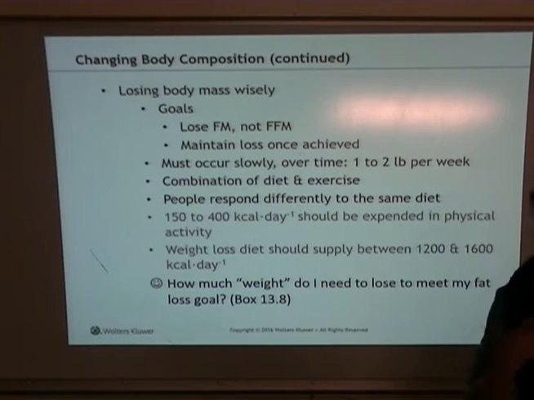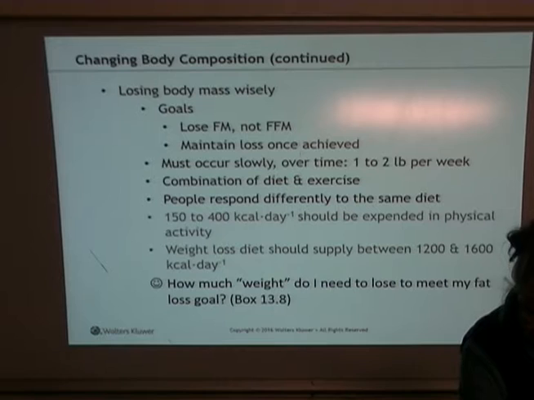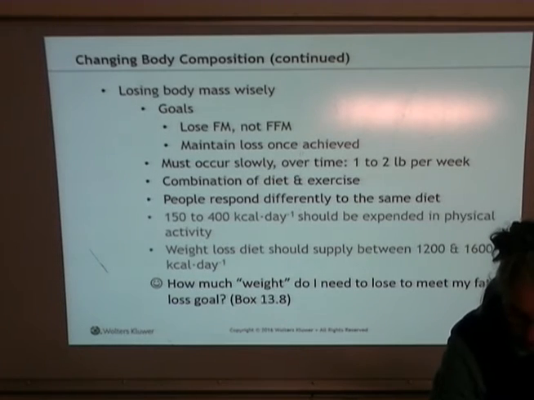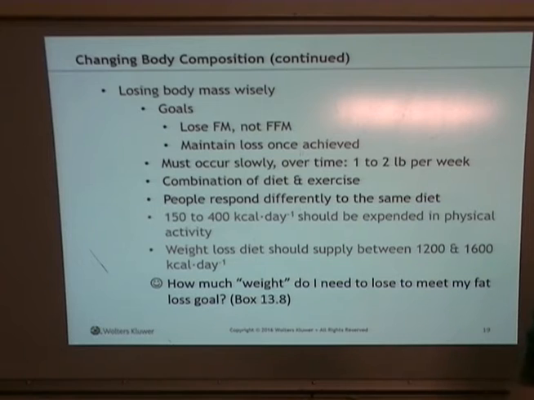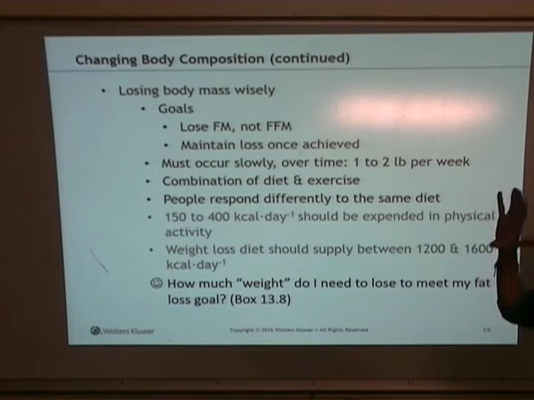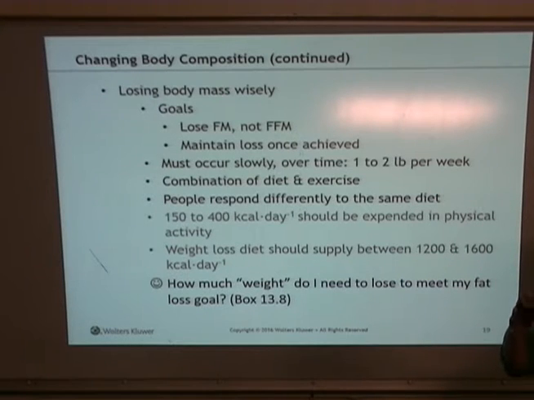If you go to box 13.8, they give you a really nice calculation that you can use to show an individual how much weight to lose, given that they're doing a training program, right? Because remember our data from Monday.